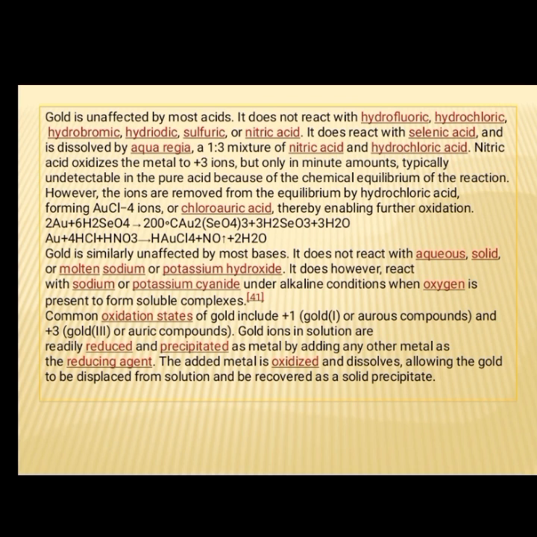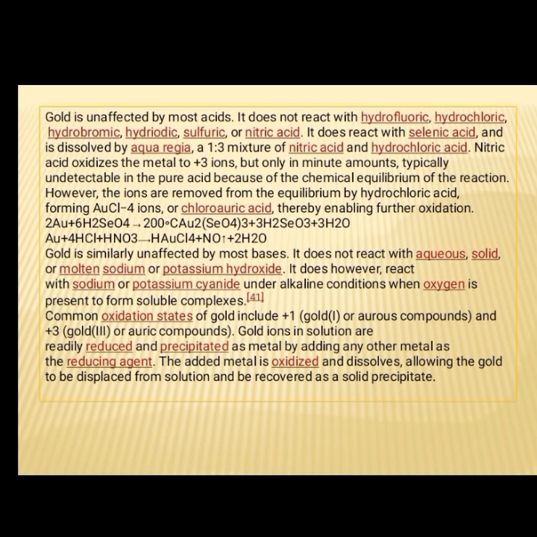Aqua regia is a 1:3 mixture of nitric acid and hydrochloric acid. Nitric acid oxidizes the metal to +3 ions, but only in a minute amount, typically undetectable in the pure acid because of the chemical equilibrium of the reaction. However, the ions are removed from the equilibrium by hydrochloric acid, forming AuCl4 ions, thereby enabling further oxidation.